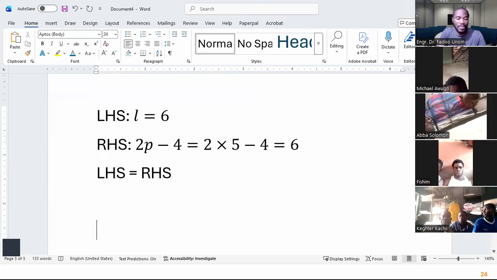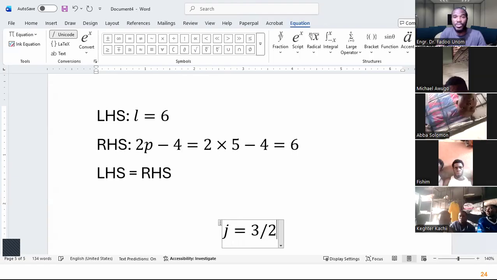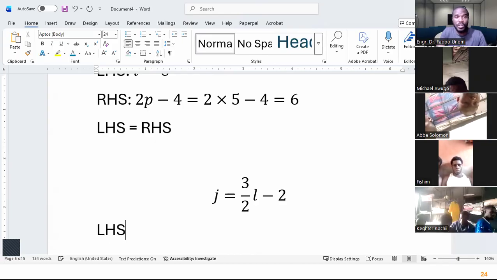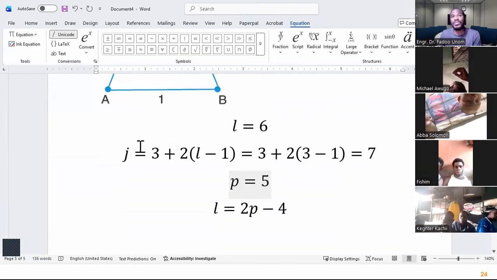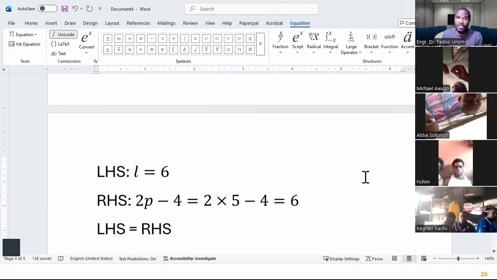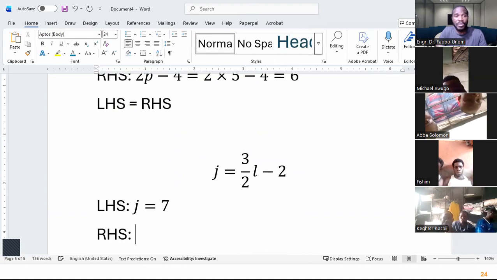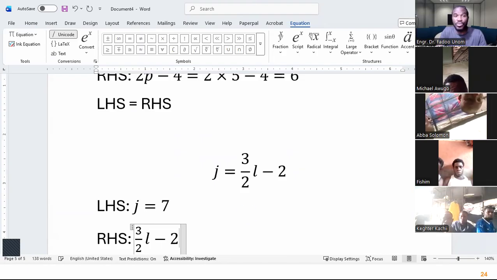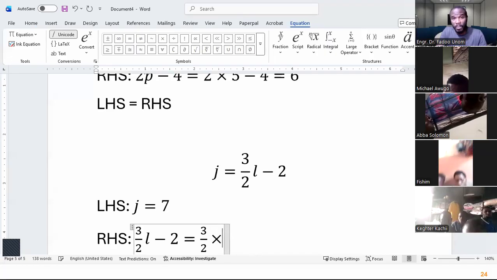Now let's check the other equation. The other equation says J equals 3 over 2 L minus 2, right? So we're dealing with the left-hand side first. The left-hand side says J is 7. Don't forget, J is 7, and I took you through the process of determining that. Now let's deal with the right-hand side. The right-hand side says 3 over 2 times L minus 2.